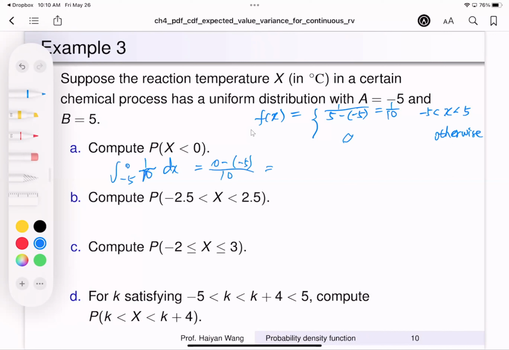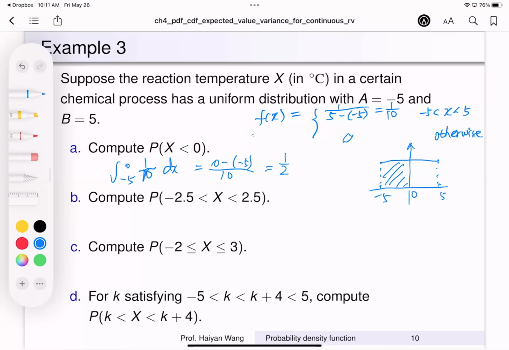So eventually what we get is a half. So less than 0 is half. Imagine if you try to plot the density function, here is 0, here is -5, and there is +5. The density is a constant between -5 and +5. Then consider the negative part. This is about half of that, so that makes sense. The probability is half.